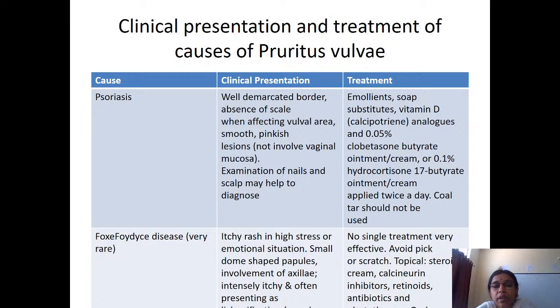The treatment usually involves usage of emollients, soap substitutes, and vitamin D analogs, apart from the steroid creams. And coal tar should not be used, particularly with these lesions. So it is usually the steroid treatment and the vitamin D analogs that form the treatment for these lesions.